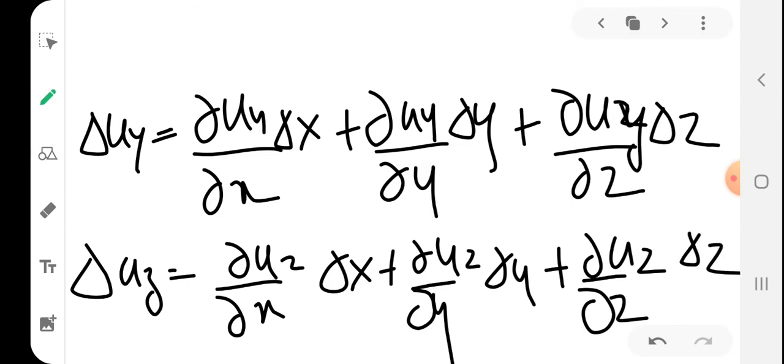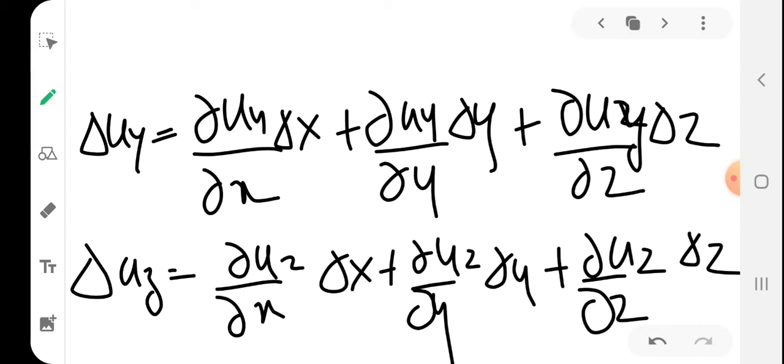This is how the first order approximations of delta ux, delta uy, and delta uz are written. Students, just keep it in mind.